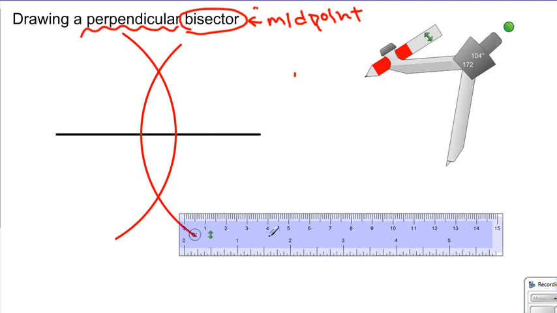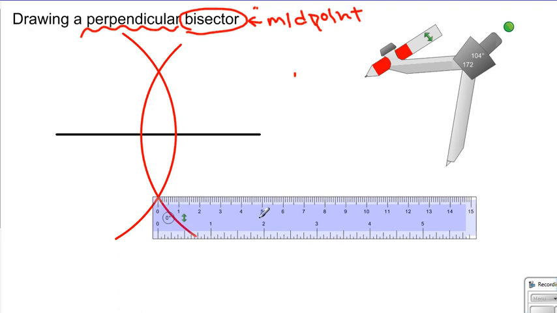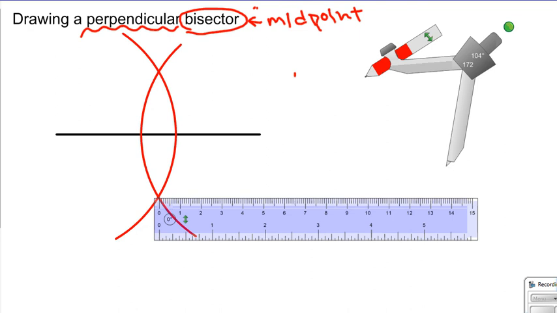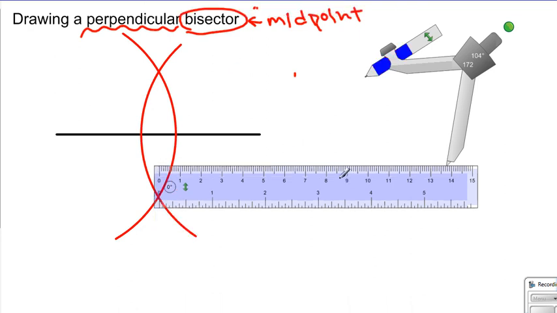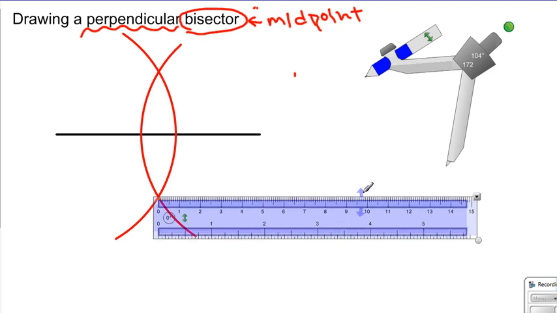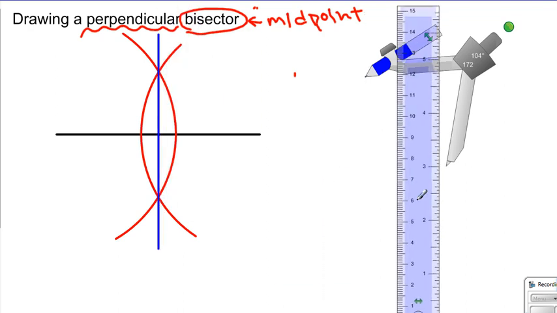And what I'm going to do is connect those two points together, and then there it goes.